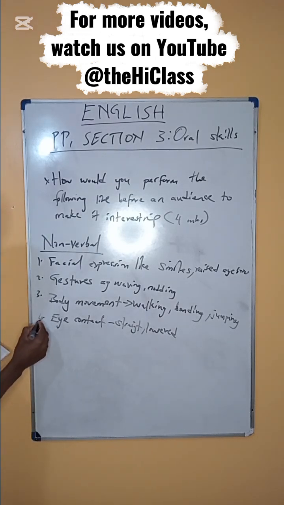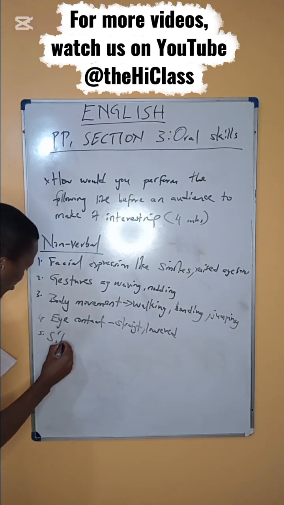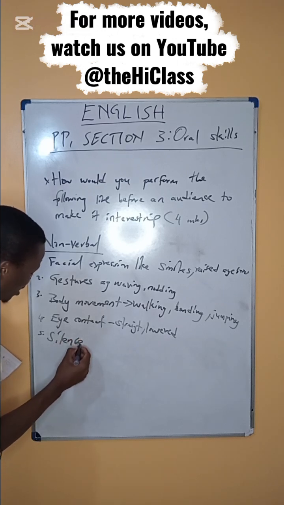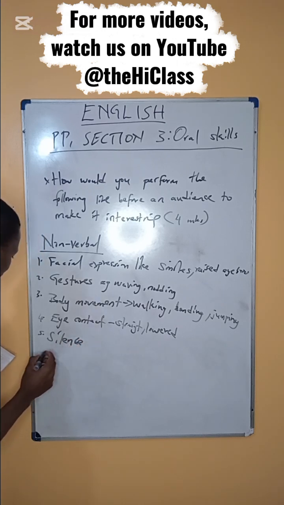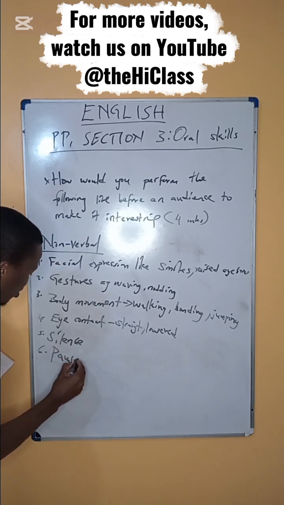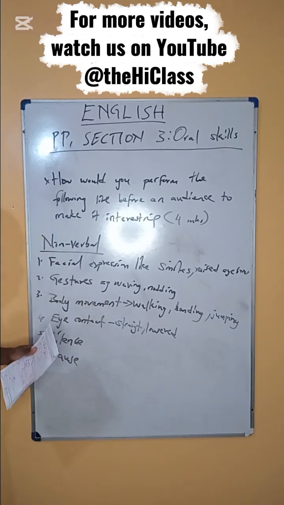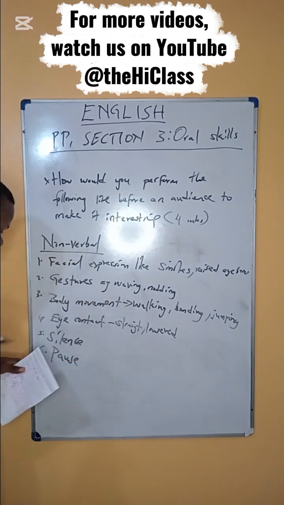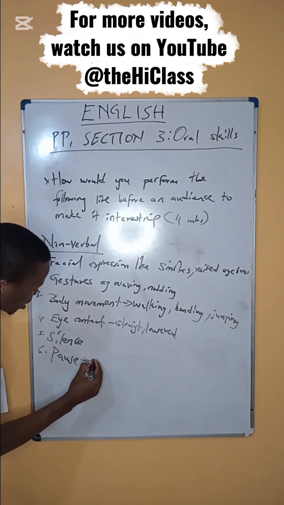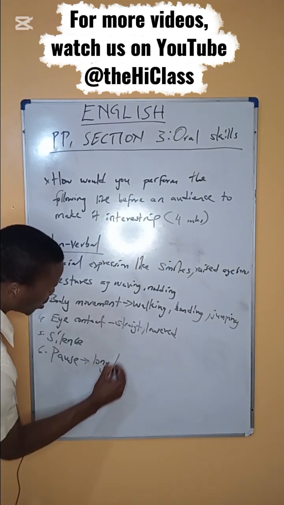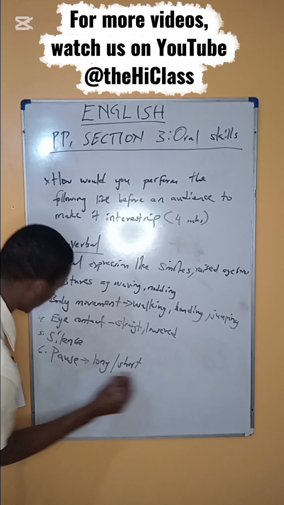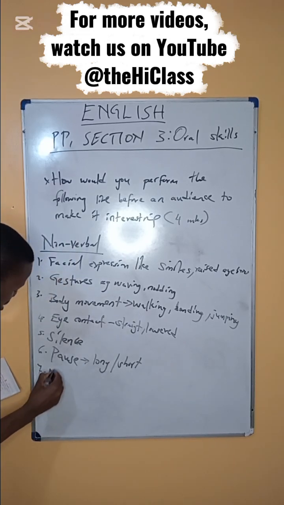Now we have 5, silence. Silence is also a means of communication. Number 6, we have pause. Whenever you are speaking, you can pause for some time. You can have a short pause and a long pause. Number 7, you can talk about mimicry.